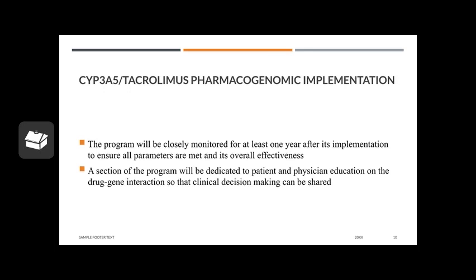A section of the program will be dedicated to patient and physician education on the drug-gene interaction so that clinical decision-making can be shared. It will also ensure that physicians are informed of the drug-gene interaction and know what to do with the information given on the test when it is complete.